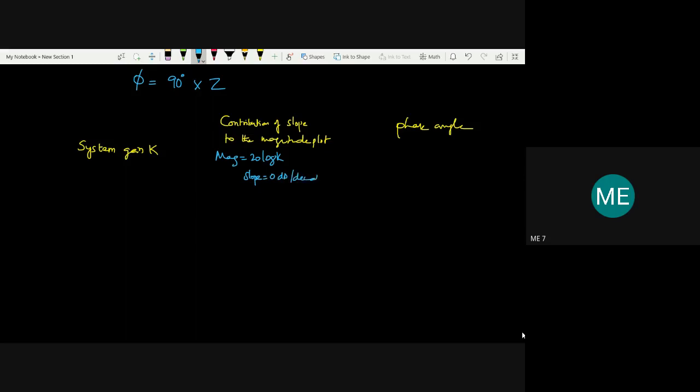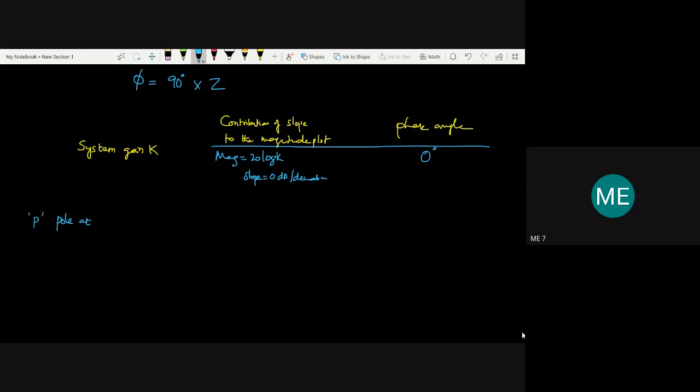Why? Because it is parallel to the x-axis. And what is the phase angle contribution? 0 degrees, because for system gain K the phase angle is 0 degrees, which we have discussed till now. The next factor we have discussed is poles at origin.